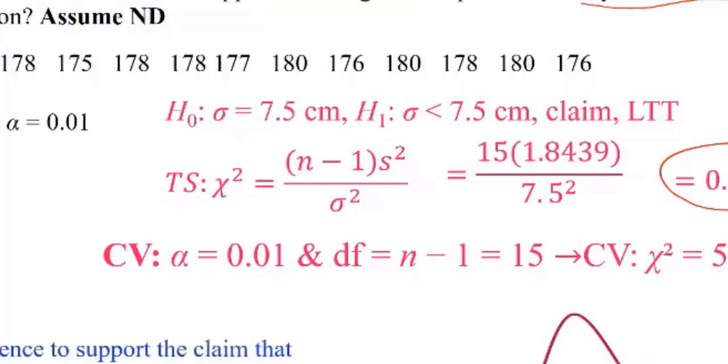You do the right thing: reject H0. The claim is true, therefore. All of this calculation is about the very first part. And then you go to the first step to figure out where the claim is and answer. So there is sufficient evidence to support the claim that female supermodels have heights with a standard deviation that is less than 7.5 centimeters for the population of them.